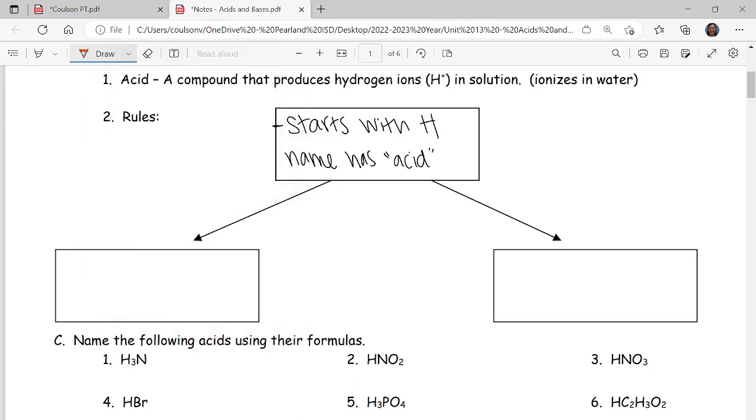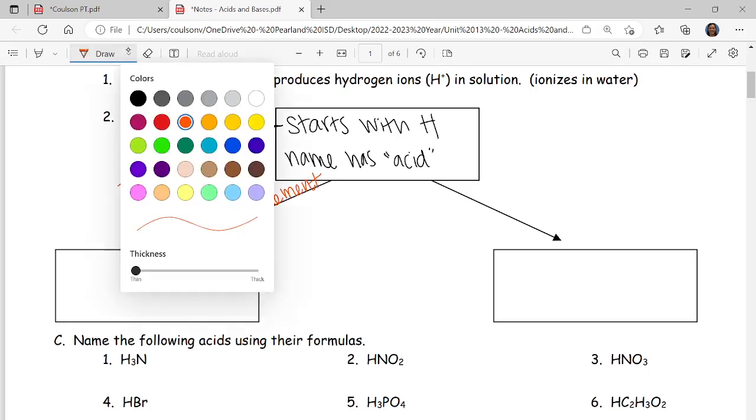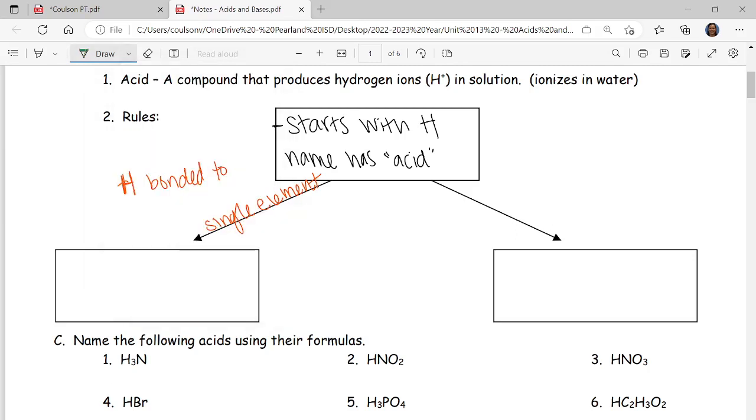So if your compound starts with hydrogen, it's going to be H bonded to a single element, or if it's not bonded to a single element, that means it's bonded to multiple elements. So H bonded to polyatomic.